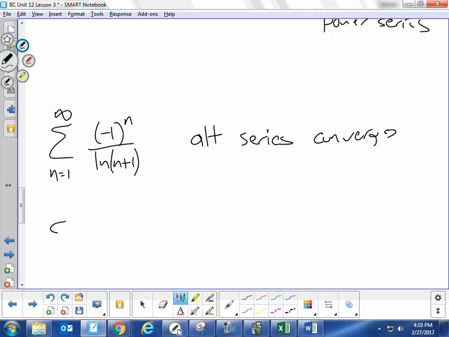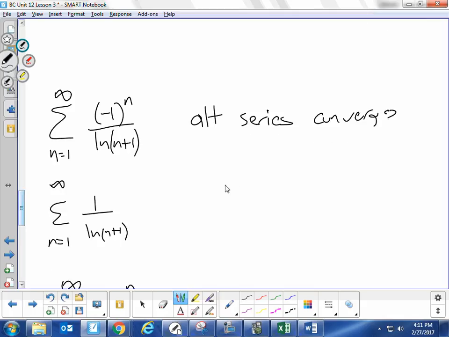Now, if I look at the absolute value, which would be 1 over ln(n plus 1), does this converge or diverge? I'm assuming this diverges, and I'm pretty certain that it does diverge. I think we have to use the integral test from 1 to infinity of 1 over ln(n plus 1).